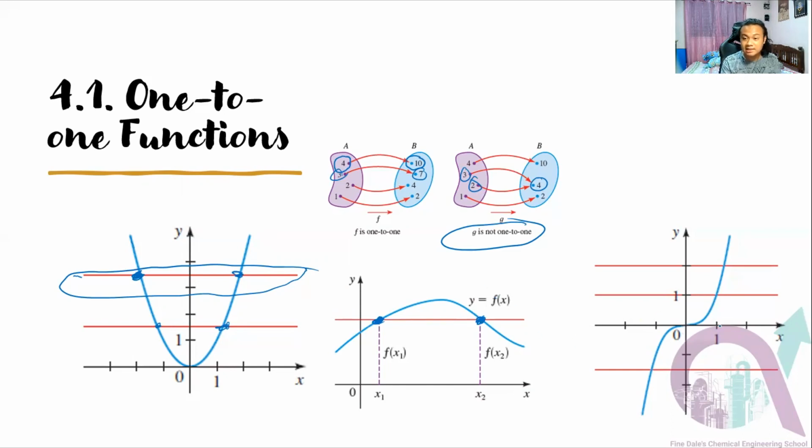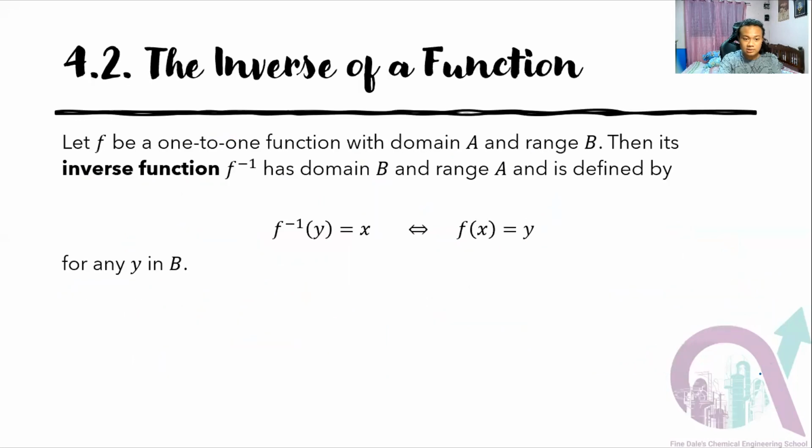And this last example is a one-to-one function, because if you draw a horizontal line, it only touches the curve once.